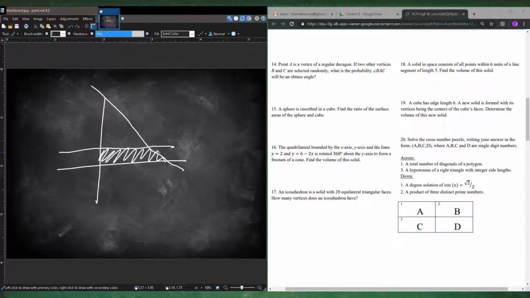And it's rotated 360 degrees about the y-axis, so it's rotated this way. Imagine this shape, which is 2D, right? And imagine this going towards you. It's making a 3D shape, about the y-axis to form a frustum of a cone. Because imagine this is like a triangle.